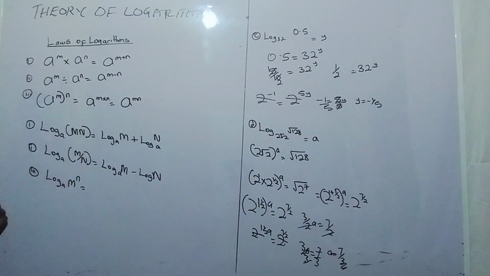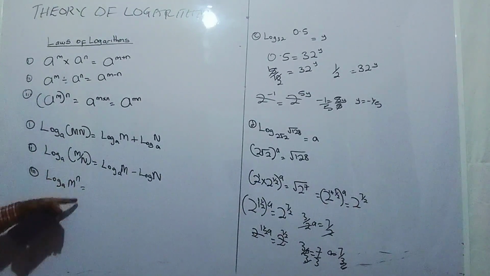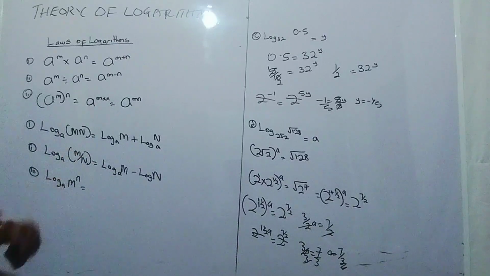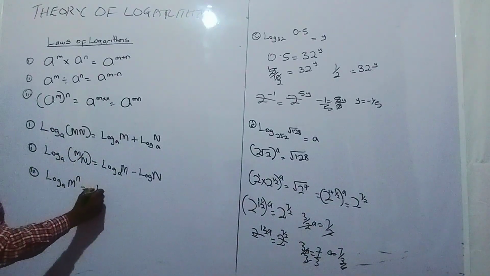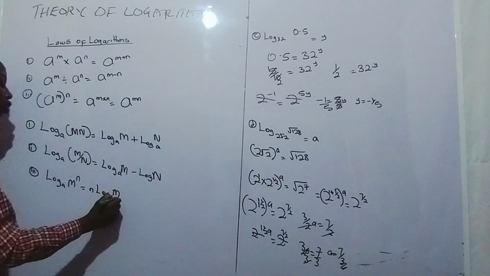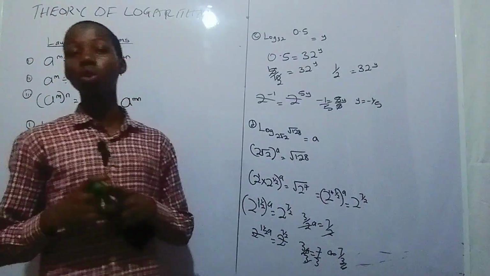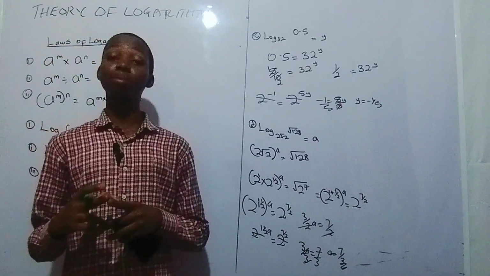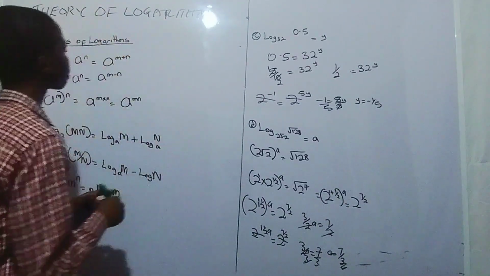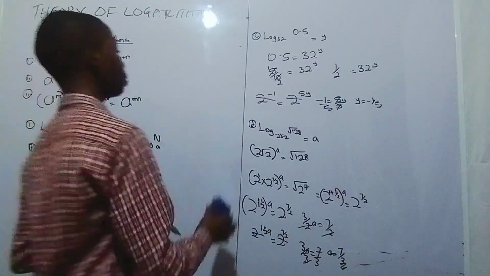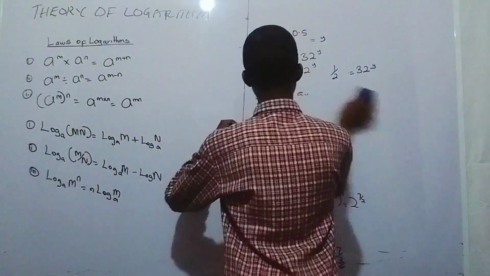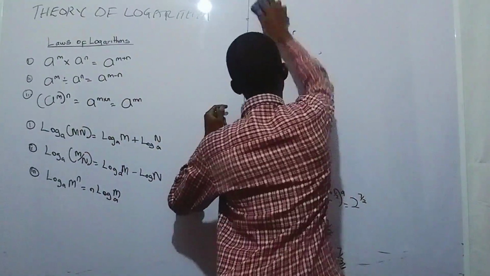When you have a power in logarithm, the power moves forward. So these are the things we apply when solving questions on logarithm. Let us take a few examples on that.